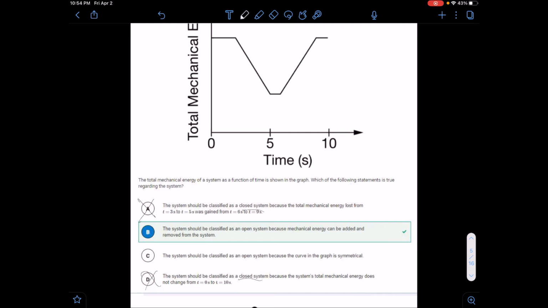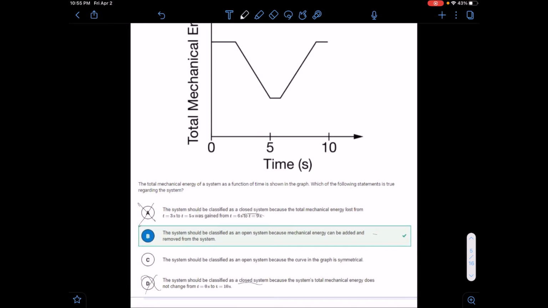Alright, so the system should be classified as an open system because the mechanical energy can be added and removed from the system. That sounds reasonable, so we'll leave it there. The system should be classified as an open system because the curve in the graph is symmetrical. Although this is the right answer, the reason that justifies it is not correct. Just because the graph is symmetrical does not mean that it should be an open system.